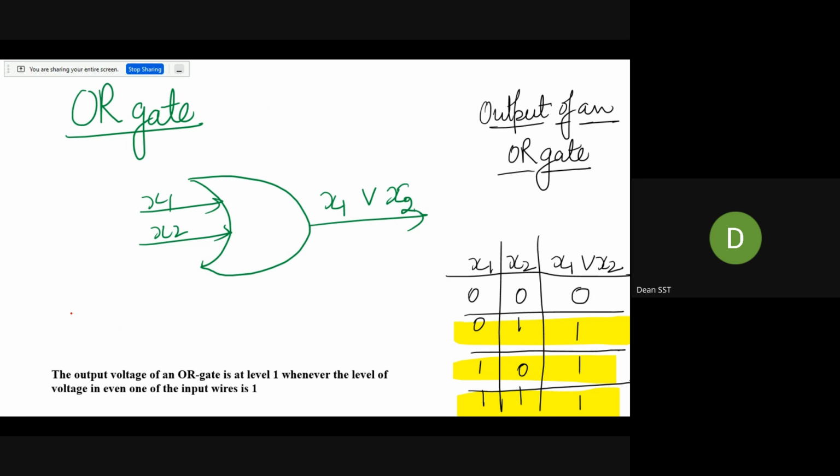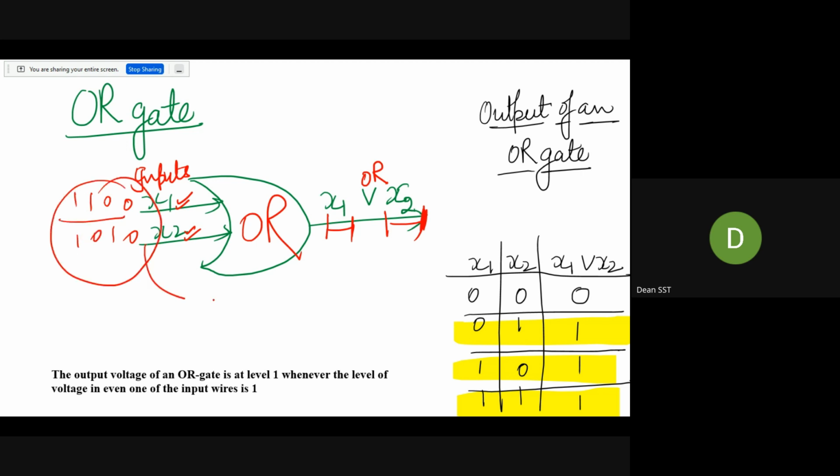OR gate. The inputs are X1 and X2, and we represent the output of the OR gate as X1 OR X2. The input may be 0, 0, 0, 1, 1, 0, or 1, 1, and this we have represented in the form of this table.